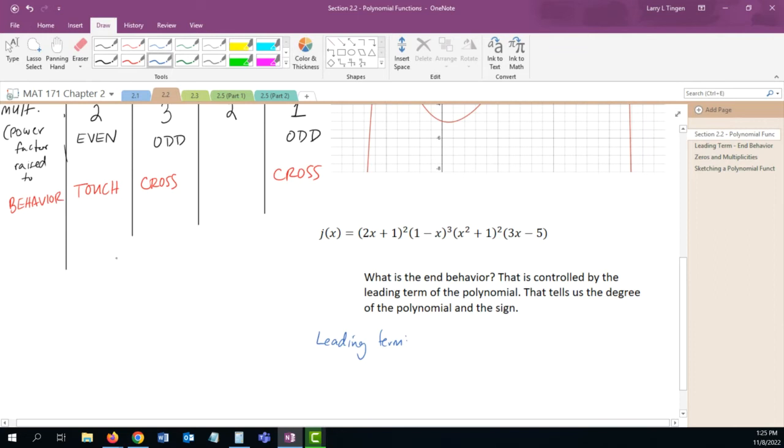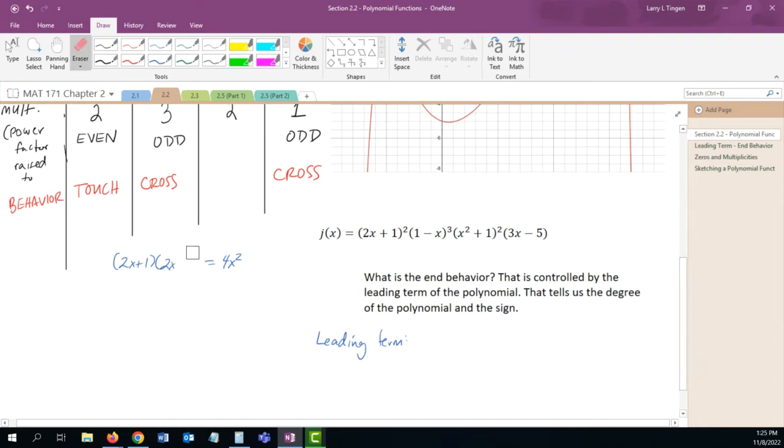The leading term, if I multiply 2x plus 1 times 2x plus 1, is going to be 4x squared, right? 2x times 2x is 4x squared. Everything else is either going to be the first power of x or a constant, right?